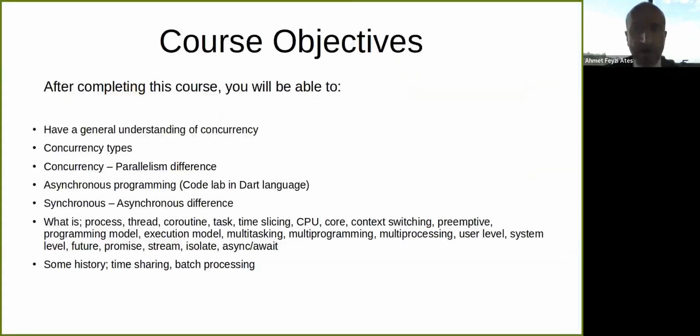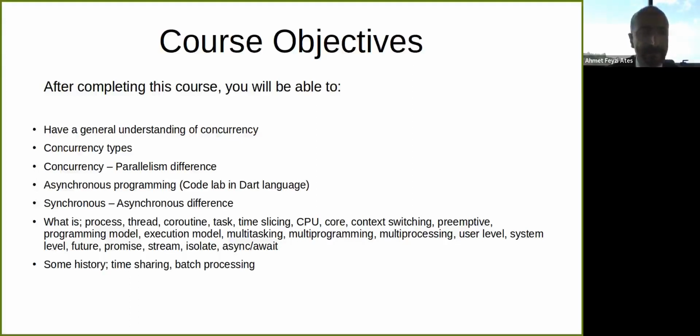In this course, what are our objectives? After completing this course, you will be able to have a general understanding of what concurrency is. What kind of concurrency types are there? What is the difference between concurrency and parallelism? What is asynchronous programming? And we will make a call in the Dart language, a very famous, very popular programming language, especially used with the Flutter framework, a cross-platform framework, maybe most of you know.